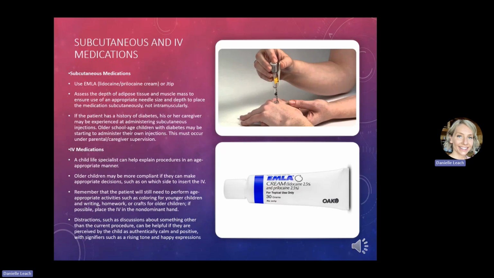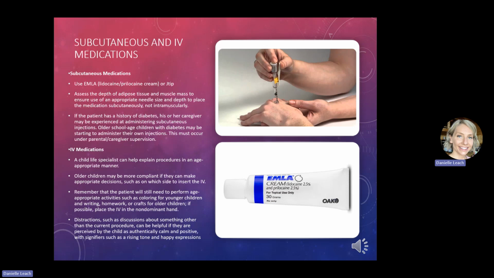When we're giving a child an injection or an IV, sometimes we can apply some medication that may make it a little less painful. So one thing that we can apply is EMLA cream. So it is lidocaine and prilocaine cream. So it's basically a numbing cream.